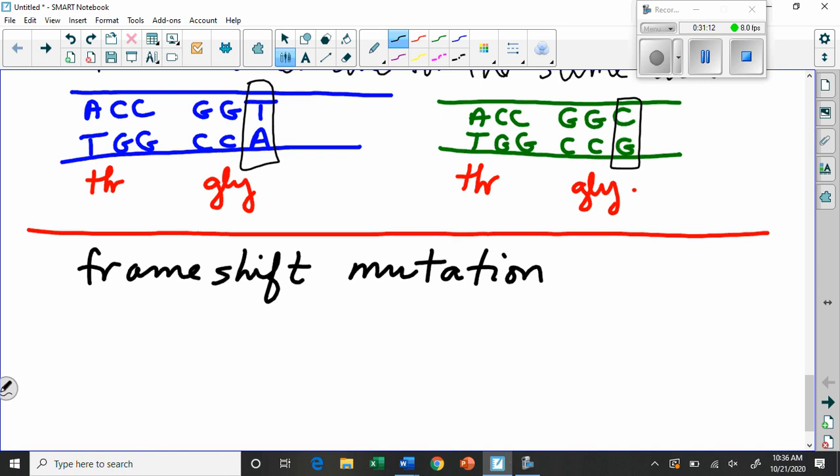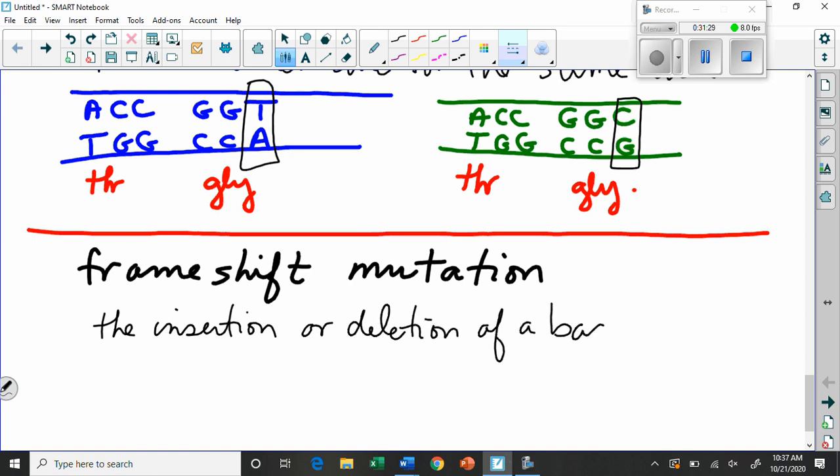So let's write here. The insertion or deletion of a base or nucleotide. We could use the word nucleotide, which we probably should, but I'm going to put that in brackets because the nucleotide is actually the whole piece that gets pulled in or out.